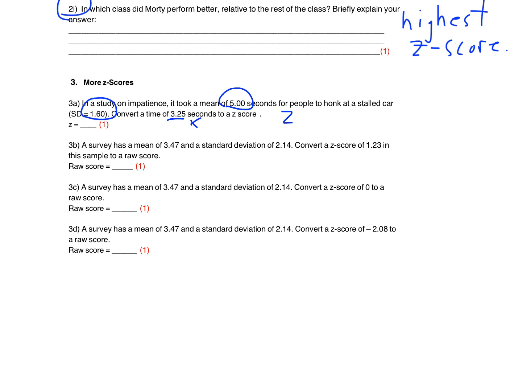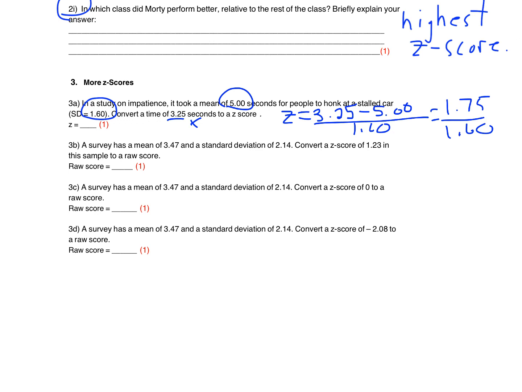So to convert to a Z score, we're going to take 3.25, minus the mean of 5.00, and divide that by the standard deviation, 1.6. And so here you end up with 1.75 over 1.6, so your Z score is going to be just a little bit over 1. And that's all they're asking you to do in that question.